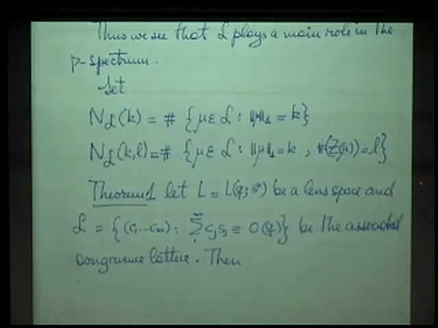So this means we are taking the ball of radius k in R^n, so it's a polyhedron, and then this also measures the number of elements of norm k which are on hyperplanes, on one of the hyperplanes. So they have to have the number of zeros equal to l. So it's two different counting functions.